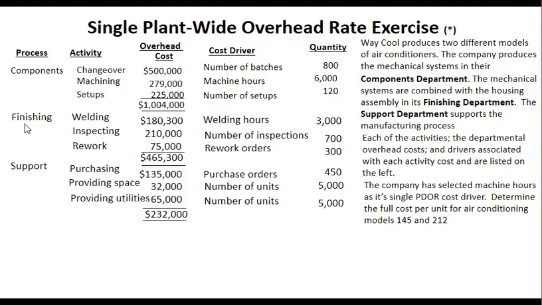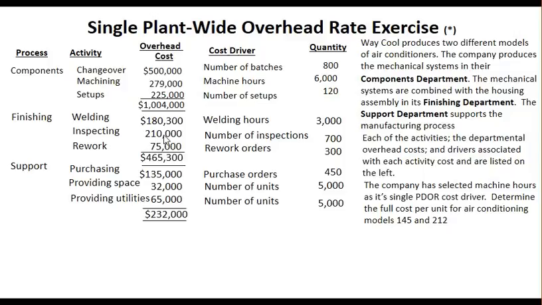For an example, if we take a look at the finishing department, we know there is a welding activity and the overhead costs associated with that are $180,300. And we feel that the most pertinent cost driver for welding would be the welding hours. There's going to be 3,000 welding hours for that activity.